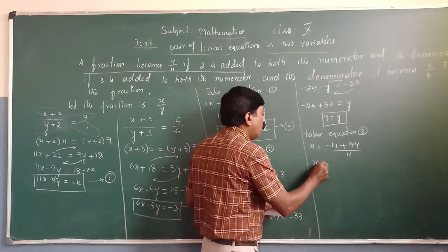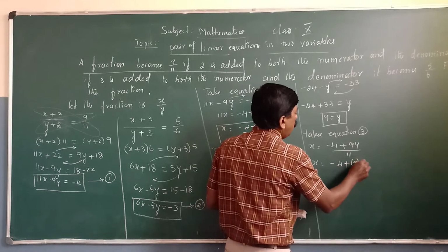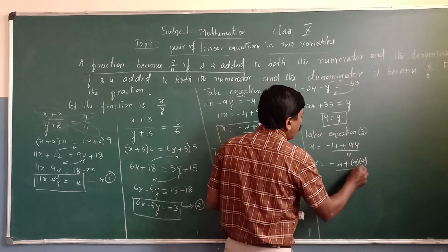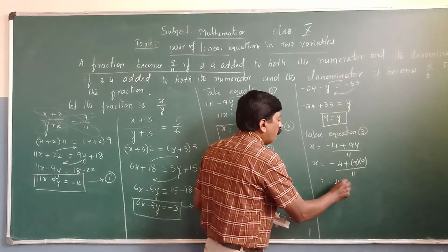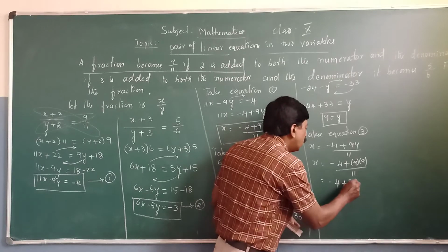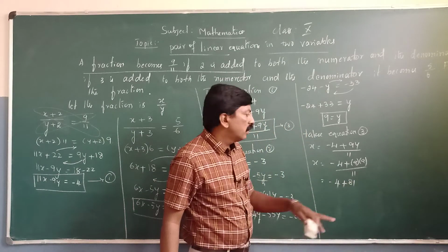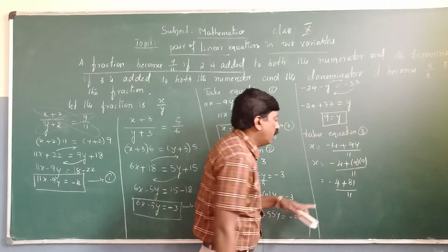Now x is equal to minus 4 plus 9 into y value 9, divided by 11. So which is minus 4 plus 9 9s is 81. So 9 9s are 81, divided by 11.